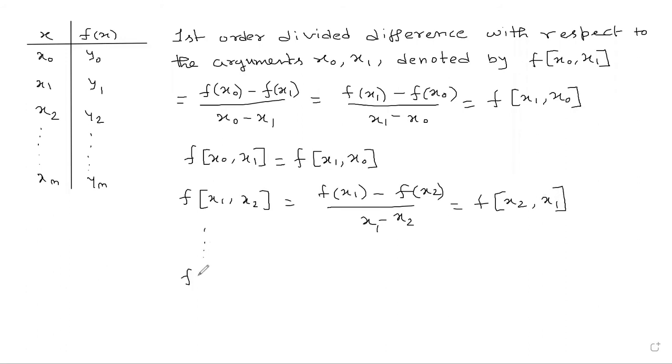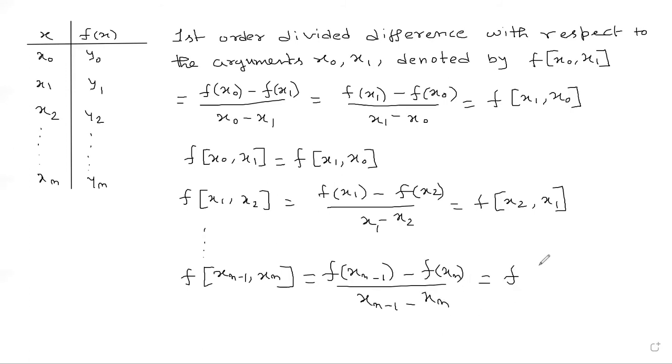Similarly, we can define f[xn-1, xn], the first order divided difference with respect to the last two points in our tabulated data, which is given by (f(xn-1) minus f(xn)) upon (xn-1 minus xn), which is the same as f[xn, xn-1]. Now we can define higher order divided differences.